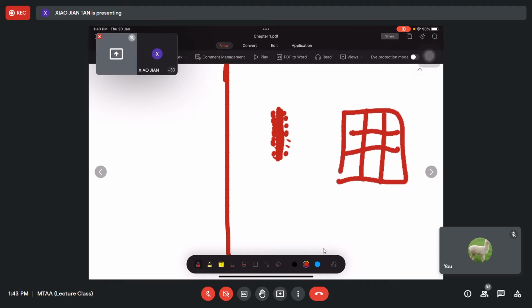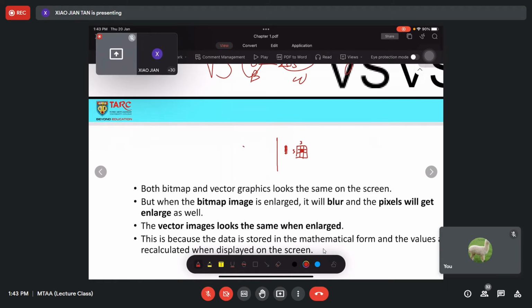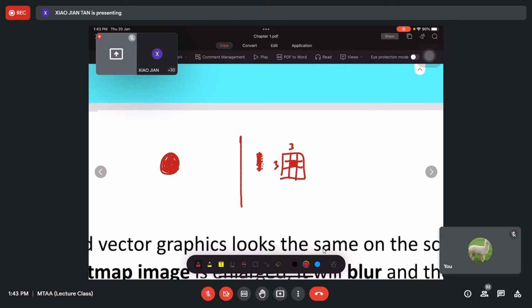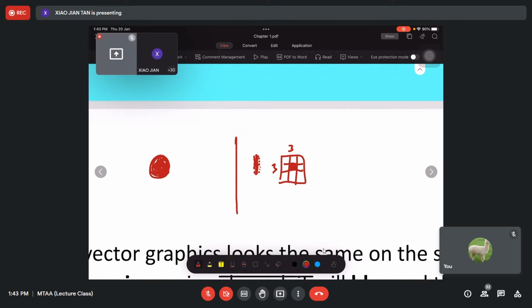Likewise, if you have a 3x3 block, you cannot display a circular shape. Let's say you want to display a circular dot. If you have only 3x3 pixels, which means only 9 pixels here, it is not possible. So the black dot here would be represented like this.